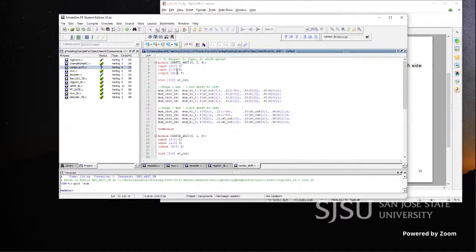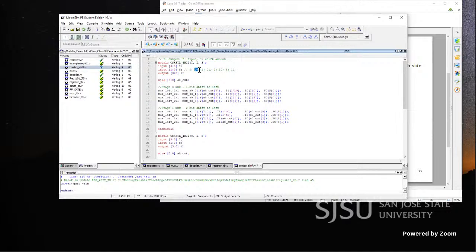Now let's see. Your values are represented like this: absolutely no shift is 0, 0. A 1-bit shift is S equal to 0, 1. A 2-bit shift is 1, 0, and a 3-bit shift is 1, 1.